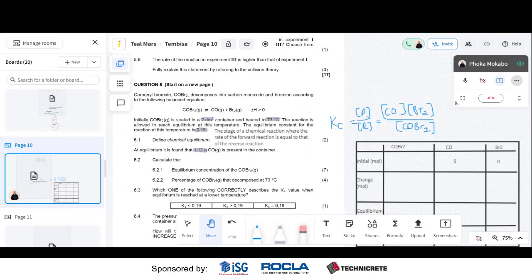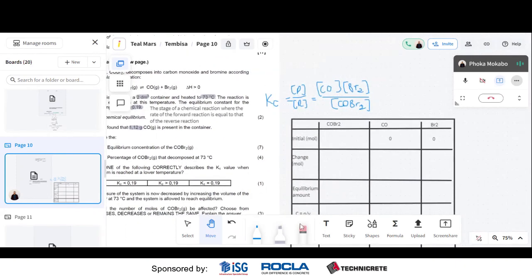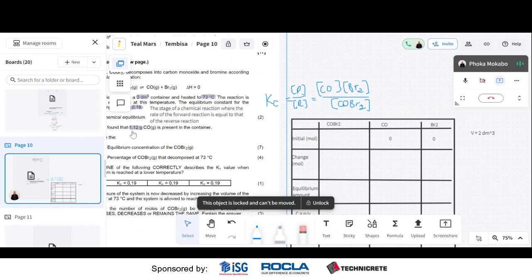But what we can at least note for ourselves, actually here on the side, is our volume is equal to 2 decimeters cubed. What else do we know? We know that at the end of things, we will have 1,12 CO present in the container.